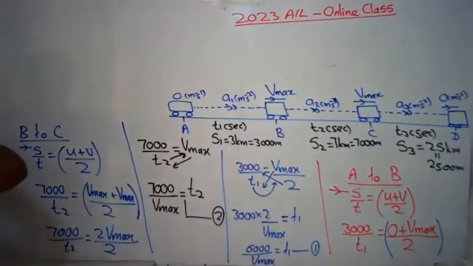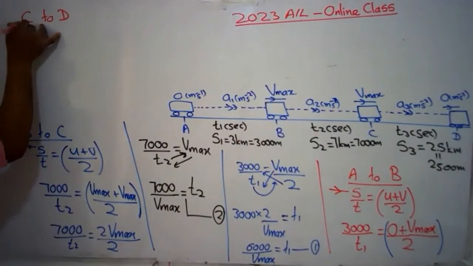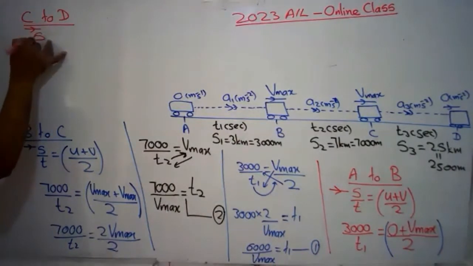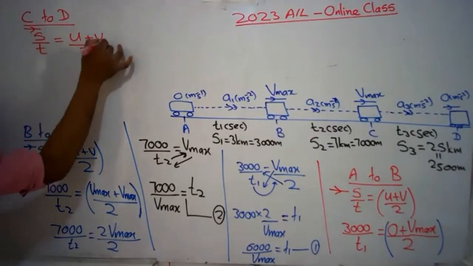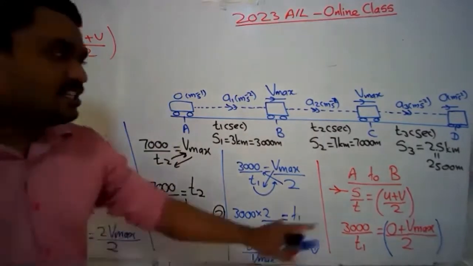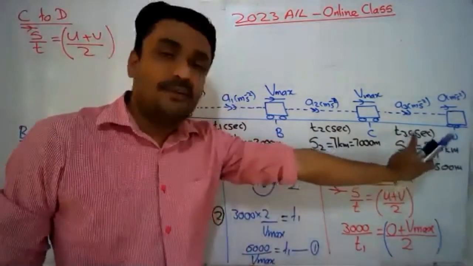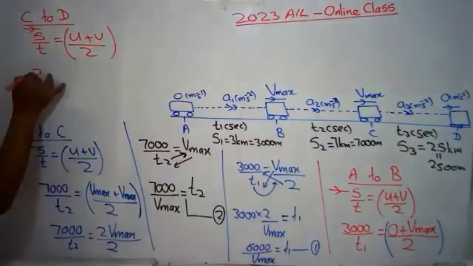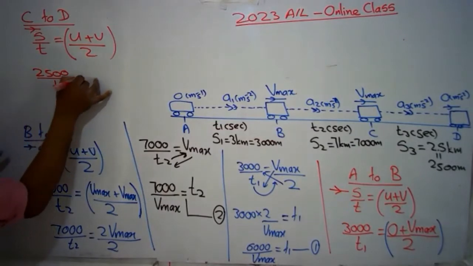So from C to D, to this direction, I apply the equation S over T equals U plus V over 2. In the CD section, the displacement is 2,500 meter, and the time taken is T3.